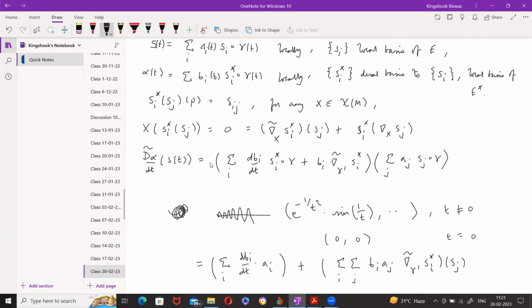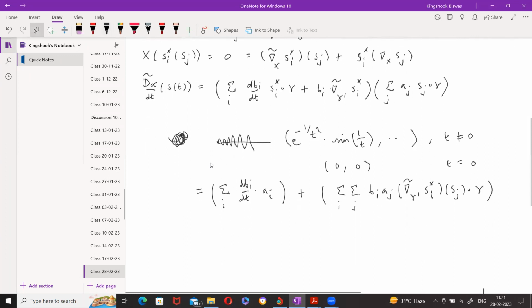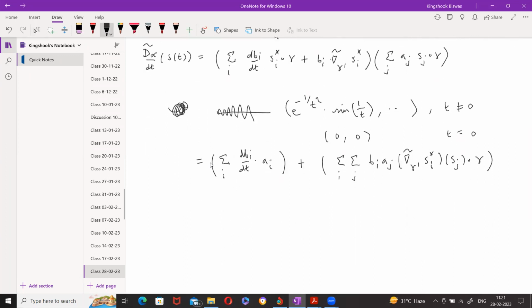So this thing is a function, this function evaluated at gamma, so composed with gamma. Okay. Is that clear?